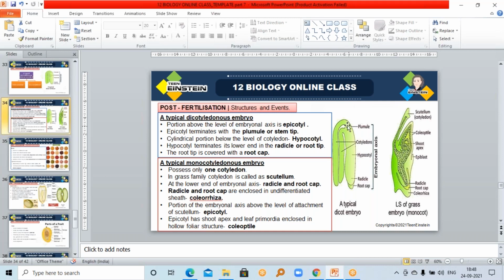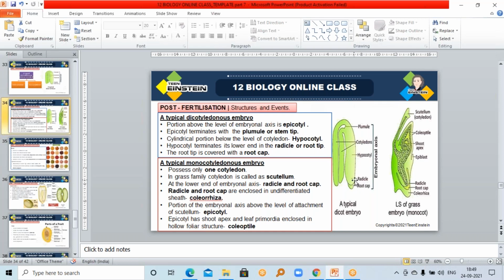Then the cylindrical portion below the level of the cotyledons is called the hypocotyl. These are the two cotyledons, and the cylindrical portion below them is the hypocotyl. This hypocotyl terminates at its lower end in the radicle, or root tip.